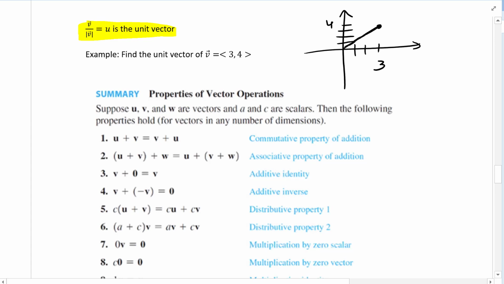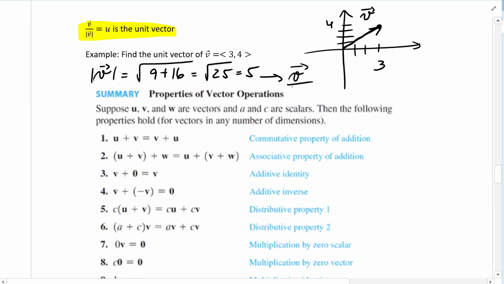This vector here is vector v. They want us to find the unit vector. The magnitude of v is the square root of 9 plus 16, that's the square root of 25, that's 5. So the unit vector, v over the magnitude of v, is going to be 3, 4 over 5, which means 3 over 5, 4 over 5. That would be the unit vector.